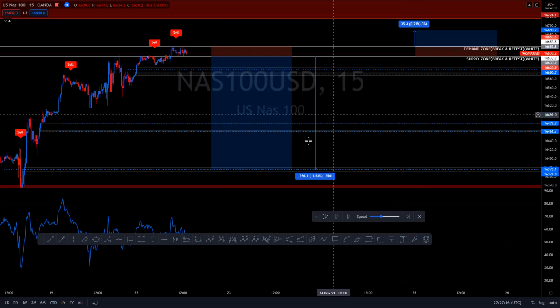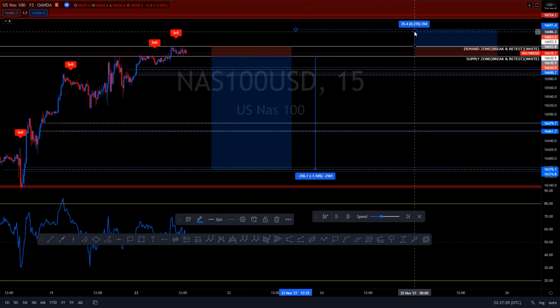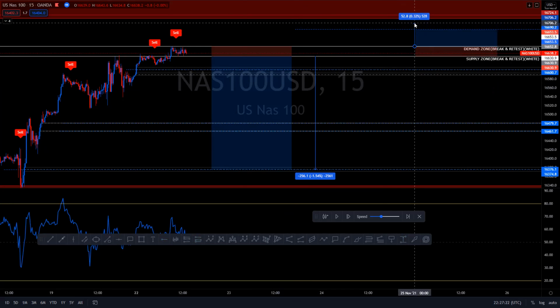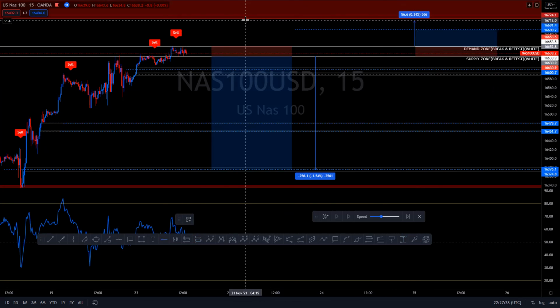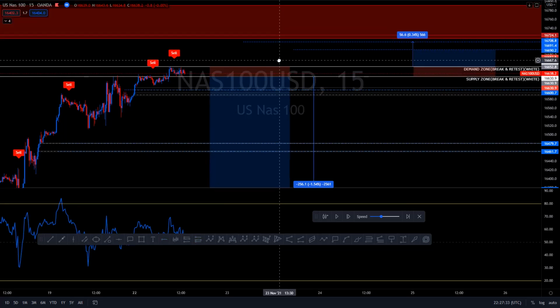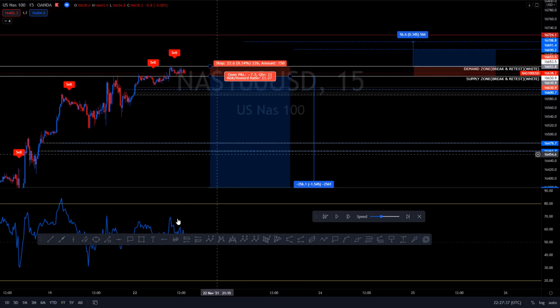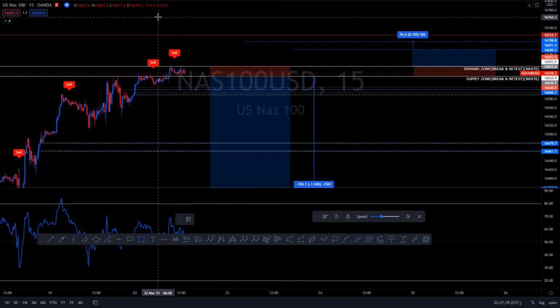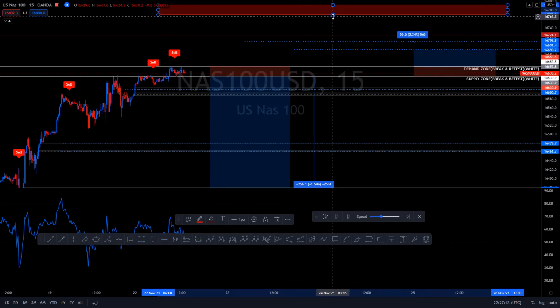And this is where I would set my take profit. And then if I wanted to hit a second take profit of 500, I can just put another take profit here. Now, when I bring this down, I'm going to erase this zone and just redraw it so it can represent our supply zone. So I want to just draw it to here, make it a little bit thinner.